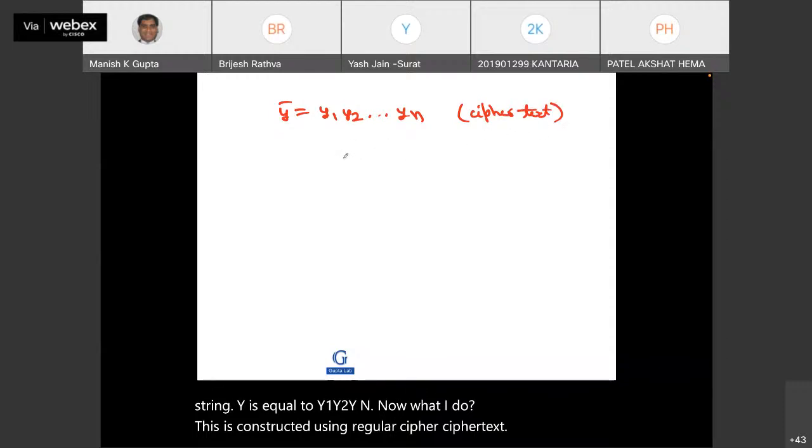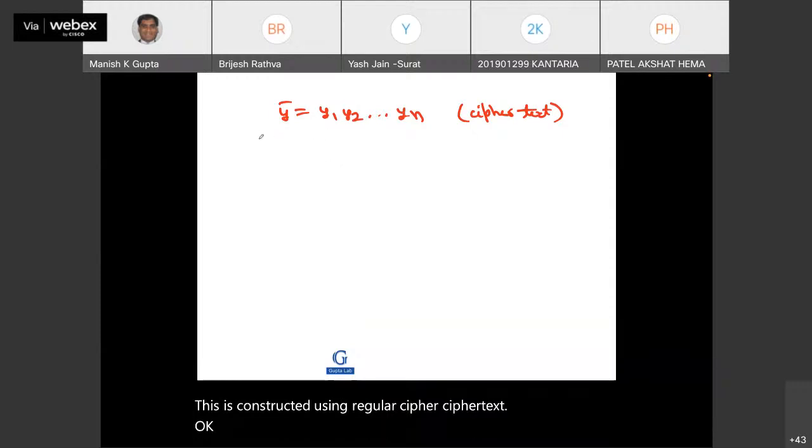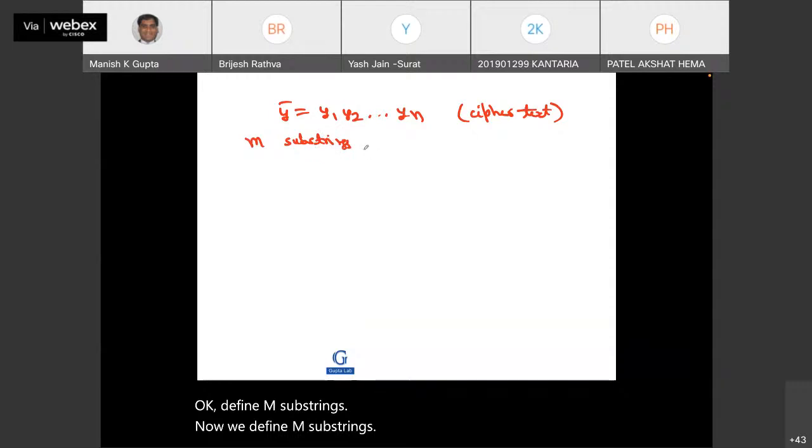Now we define m substrings of y as y1 bar, y2 bar, ..., ym bar. These are the bold letters, you can say.